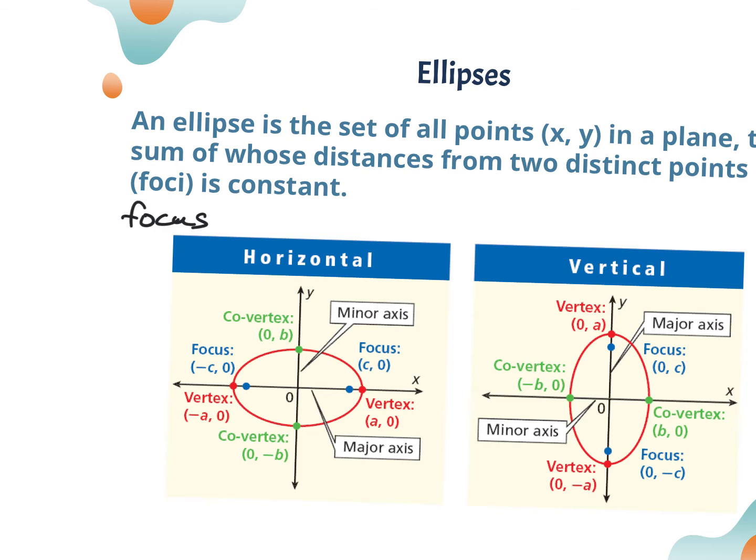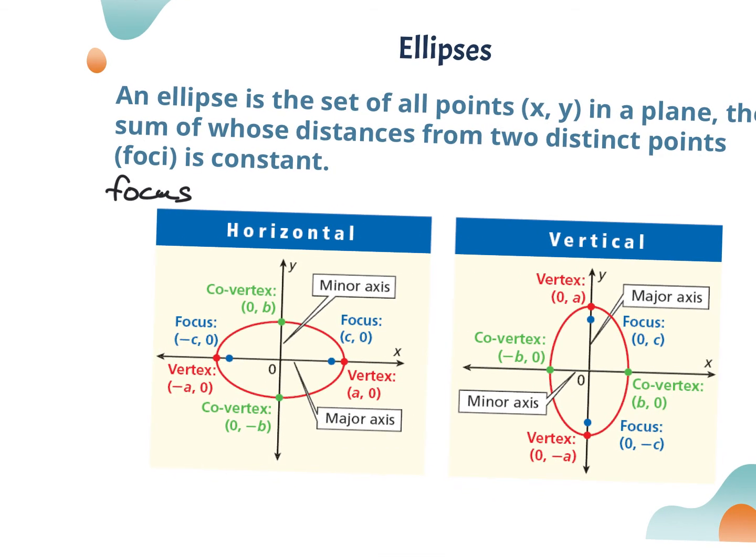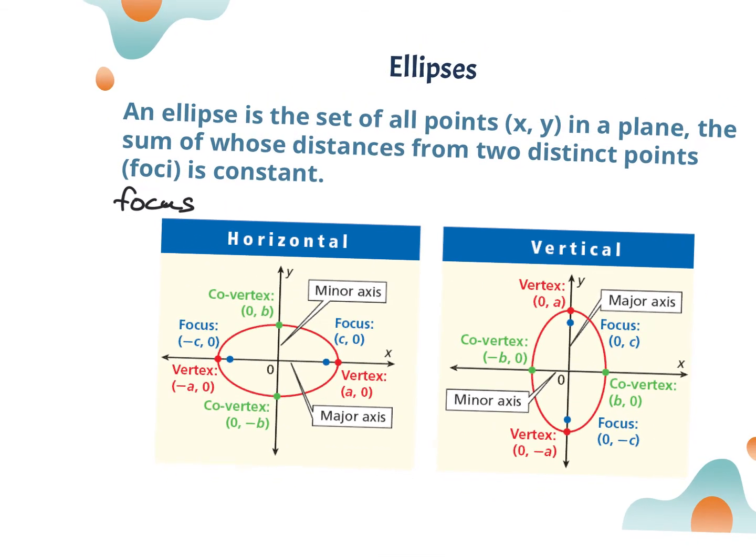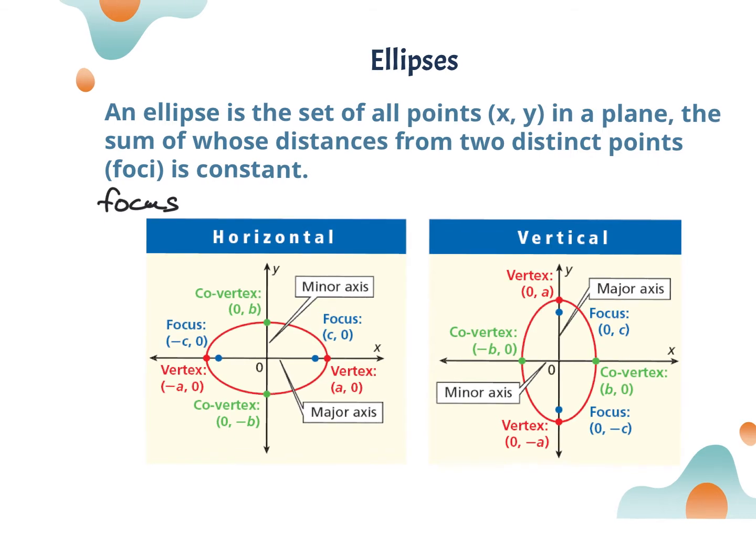So we're going to have the longer part of the ellipse, which is the major axis, and then we're going to have the shorter part, which is going to be the minor axis. The endpoints of the major axis are your vertices. The endpoints of the minor axis will be the co-vertices.